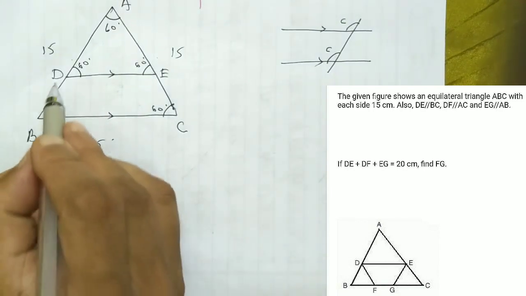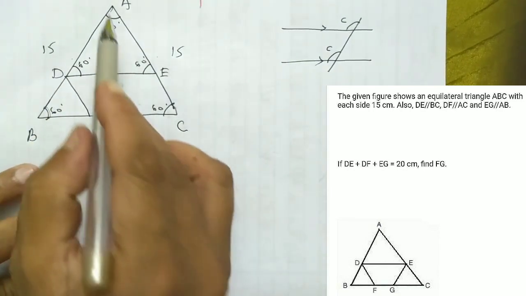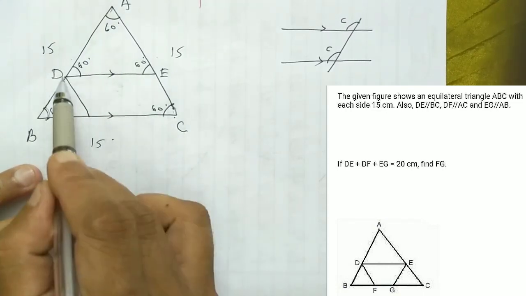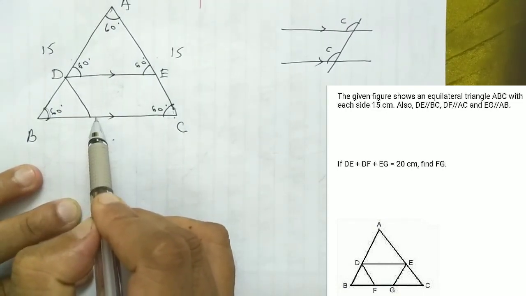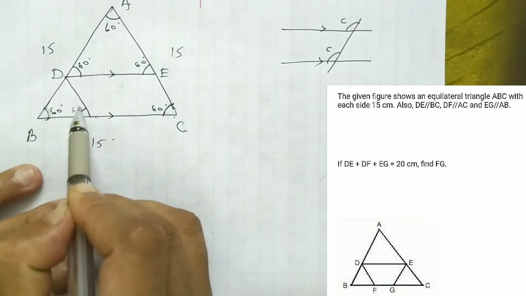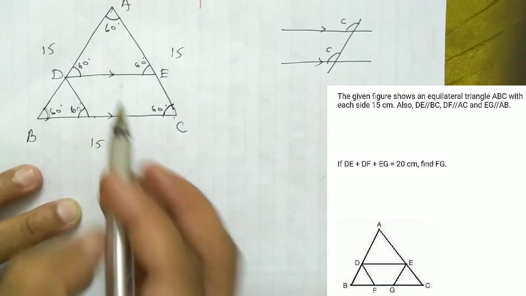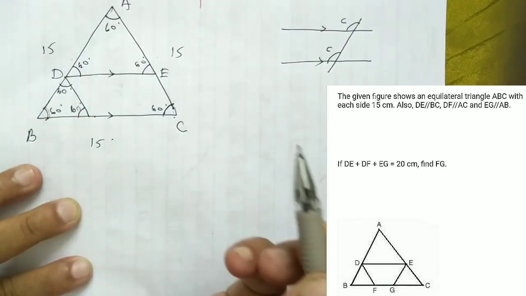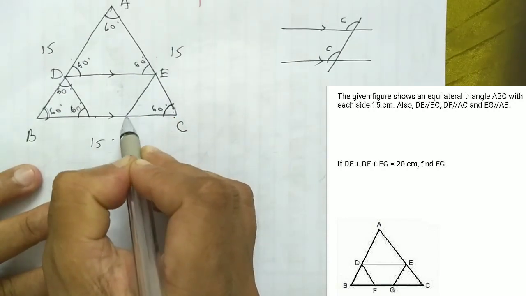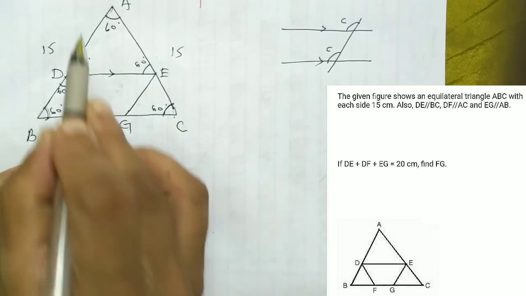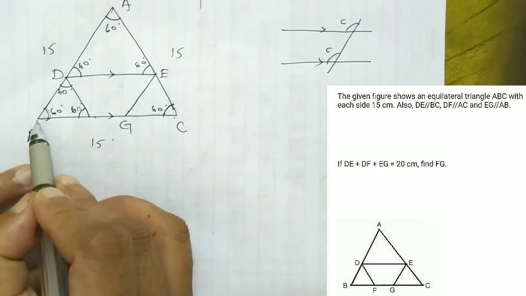Okay. Now this line and this line are parallel. Since these two lines are parallel, in the same way, if this is 60, then this is also 60. And if this is 60, then this is also 60. Now here is given another line EG, and this line is parallel to this line. It's given in the question.